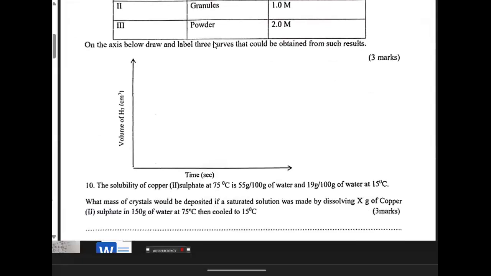So it will be 3, then 1, then 2. But where it ends, we meet at the end, because the reaction will have to come to an end at a particular time.